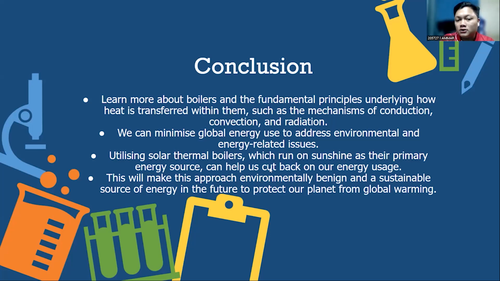This can help us cut back on our energy usage, and it makes the approach environmentally benign and a sustainable source of energy in the future to protect our planet from global warming. Thank you. That's all from us.